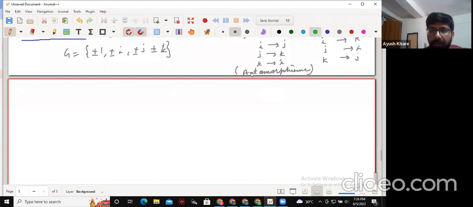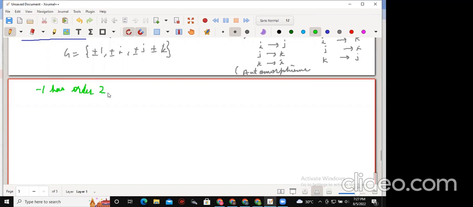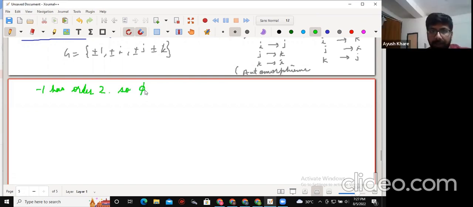Let's say H is characteristic. One more thing you can see. Minus 1 has order 2, right? And there is no other element of order 2. So phi of minus 1 should be minus 1 for all phi in the automorphism group of G. All automorphisms of G should fix this minus 1, because there is no other element of order 2.